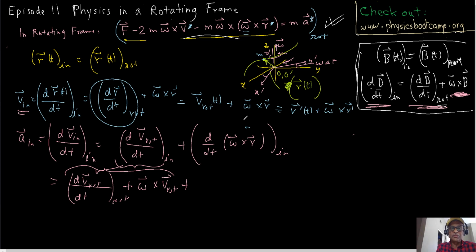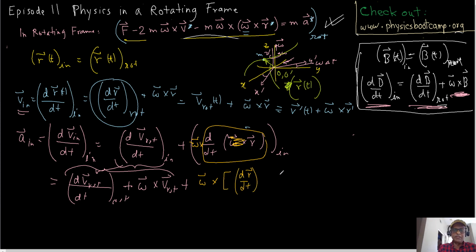So this is the same as before, so I get an omega cross. For this thing, I'm going to get dr/dt in the rotating frame plus omega cross r. So this whole thing is going to turn out to be two terms, and this is nothing but v rot. So these two v rot terms add up.